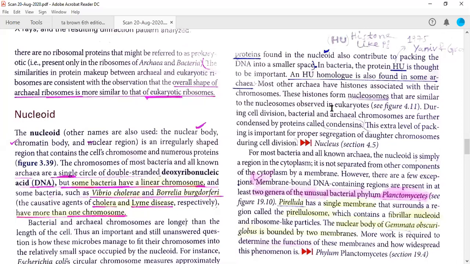So the function is the same. They help the double-stranded DNA into packaging so that it is present in a smaller space that is called the nucleoid region. In eukaryotes, histone proteins form the nucleosome structure, the nucleosome model. You have studied nucleosomes in eukaryotes.